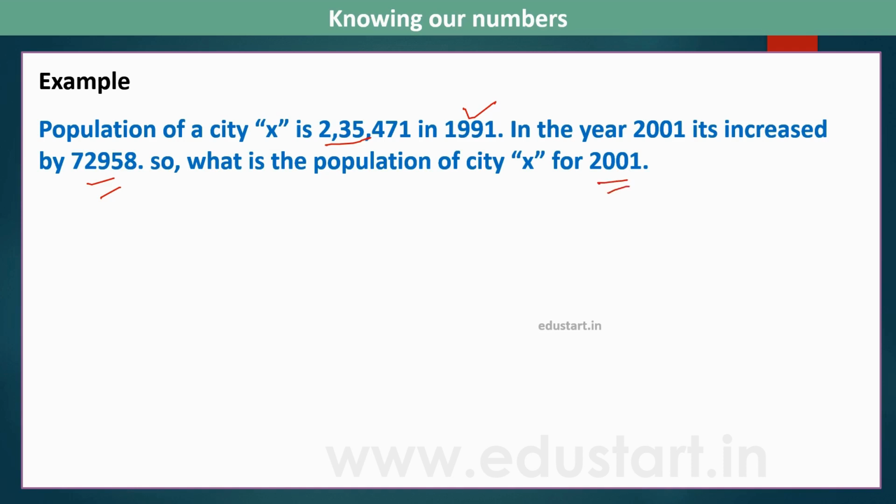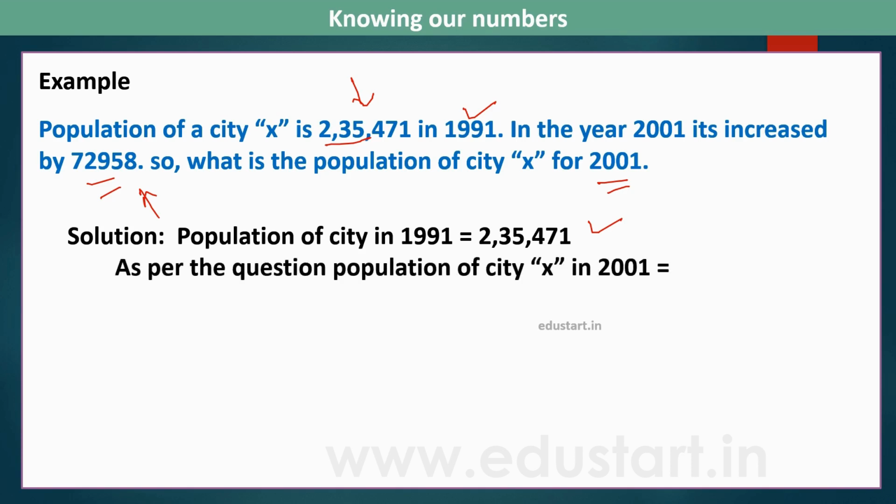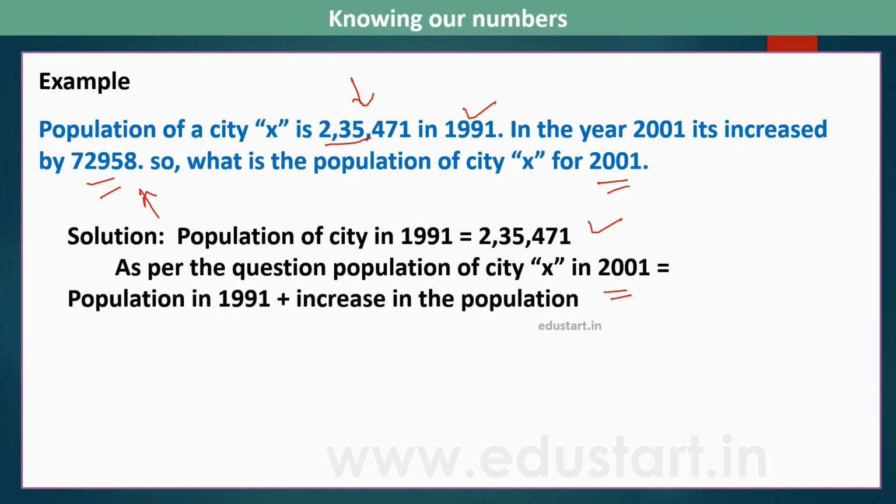Okay, so if we find out the answer, it should be this number plus this number, correct? So let's see. The population of the city in 1991 is 2,35,471. Now what is the increase and what is the total population as per the question in 2001? Population in 1991 plus increase in the population.